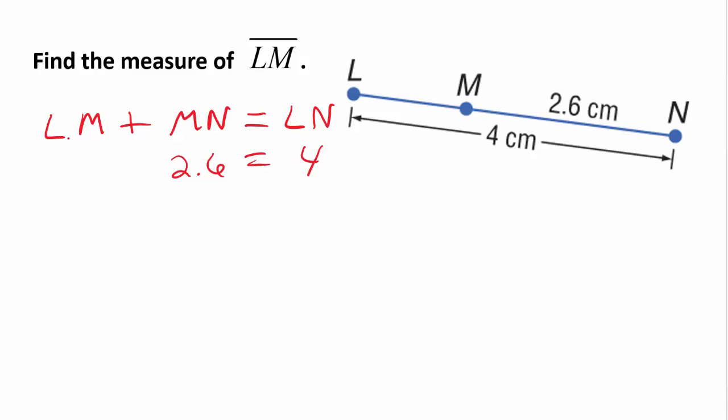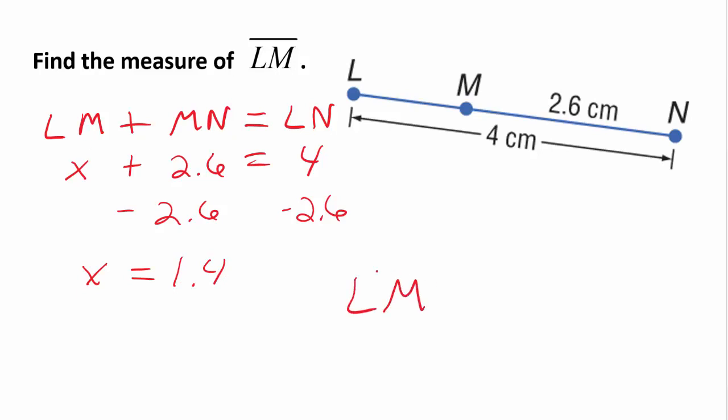So let's just call it X. That's the variable. That's what we're trying to figure out. Plus 2.6. Now how do we solve for X? We're going to subtract 2.6 from both sides. And X equals 1.4. So now we know, because we substituted X for LM, that LM, the measure of line segment LM, is equal to 1.4 centimeters.